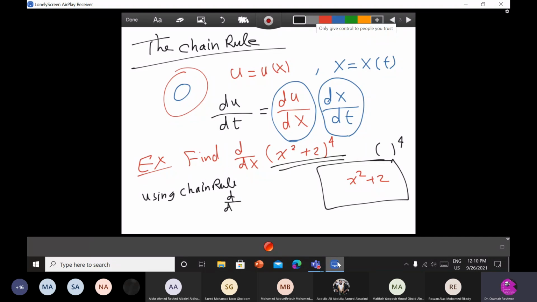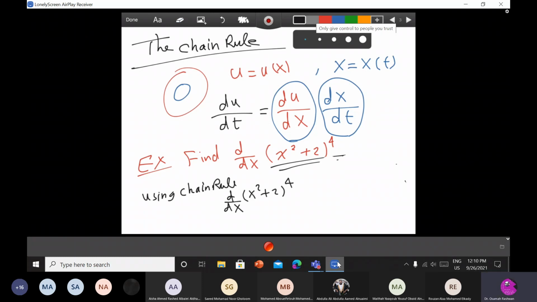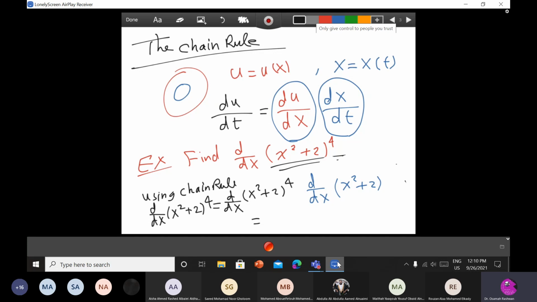You have d by dx for x squared plus 2 to the power 4 as one piece, and you multiply it by d by dx for the smaller one, x squared plus 2. So I know when I have a power, I get the power down and subtract 1 from the power, so I am subtracting 1 from this.